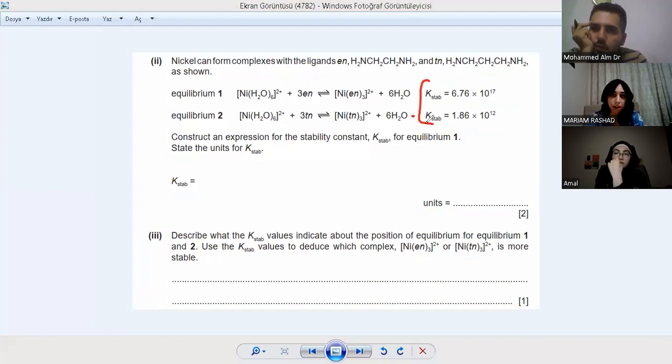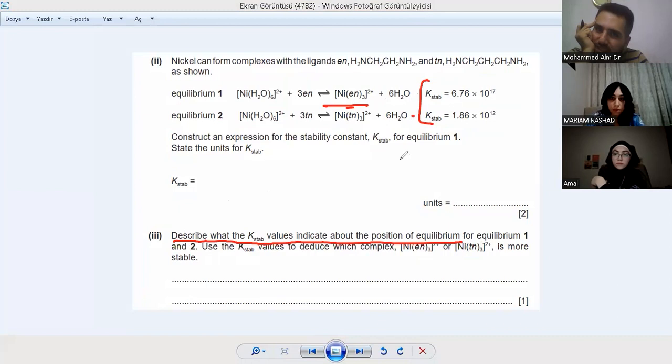The second has a larger value. Amazing. So guys, look, the first part of the question, you have to pay attention. If you just say this one is more stable, for example, you will not get the mark. The first part asks you to describe what the Kstab value indicates about the position of equilibrium. It's to the right. Yes, to the right.